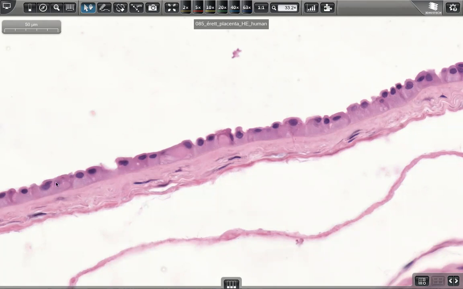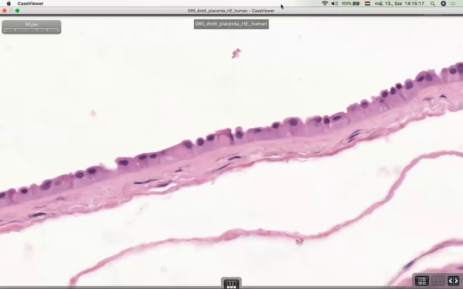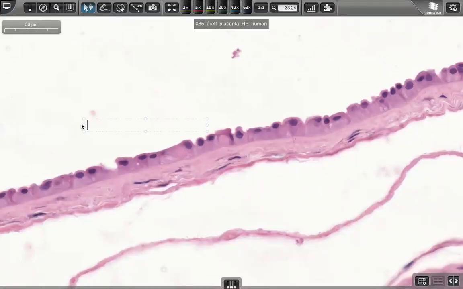So the amniotic cells are covering the fetal side, amniotic cells, you remember. Underneath the amniotic cells we can find the amniotic mesoderm, a kind of connective tissue, but it's an artificial gap.